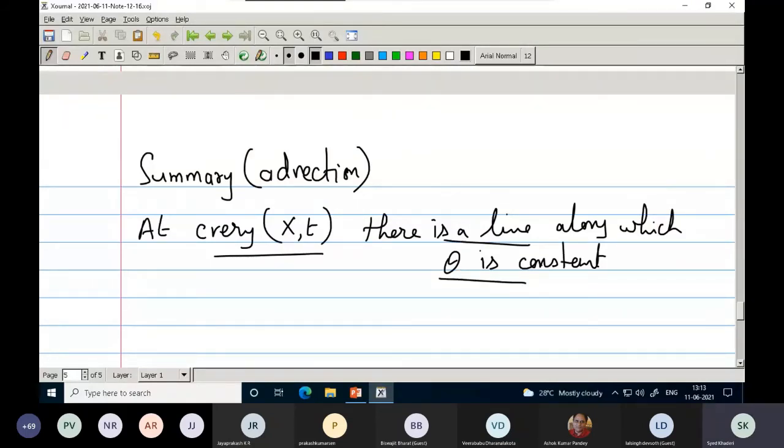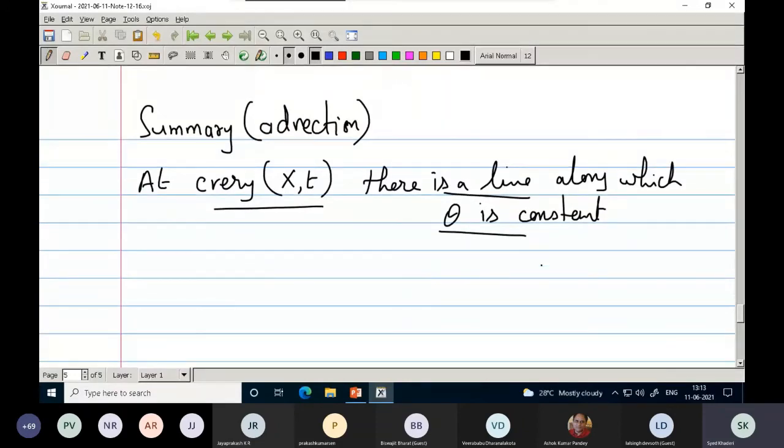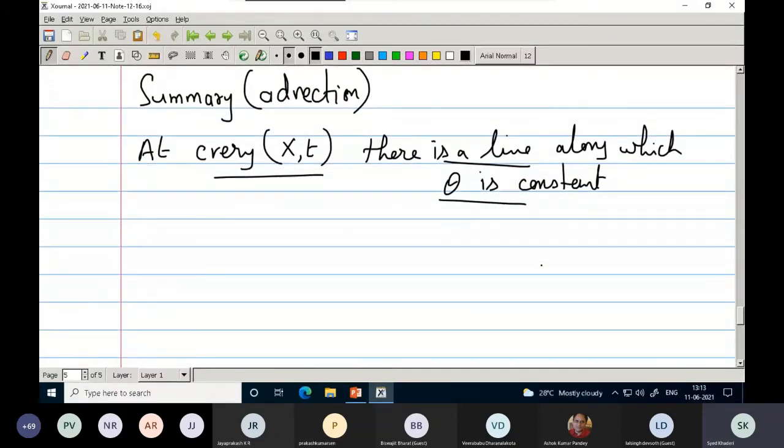Now for the wave equation, the same thing holds. We just have to rewrite this in a slightly different manner. For the wave equation, at every x and t, instead of one line, there are two lines along which, in the advection problem, theta is constant, but for the wave equation something else is constant.